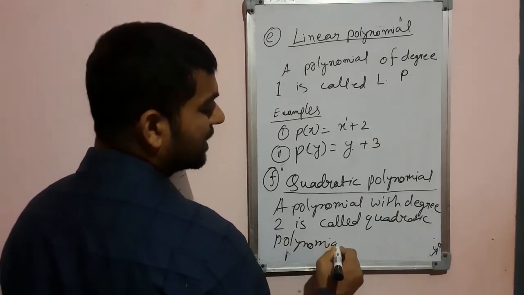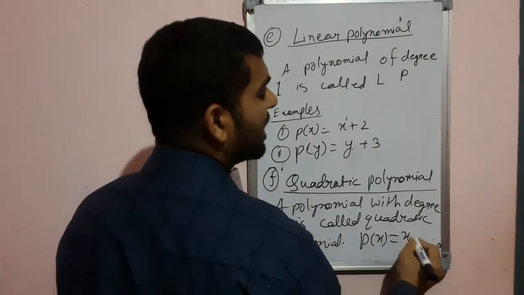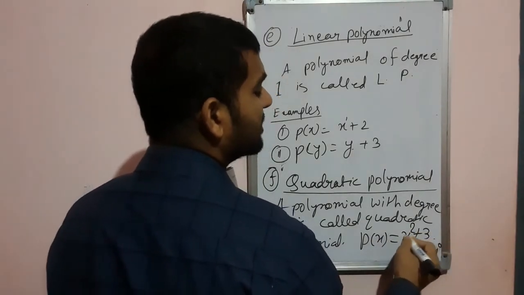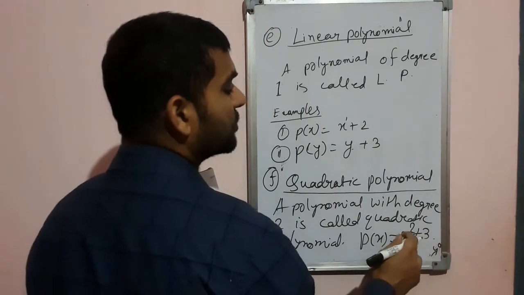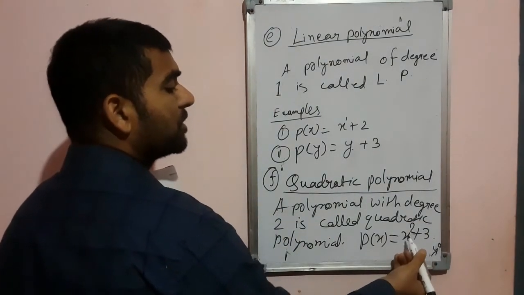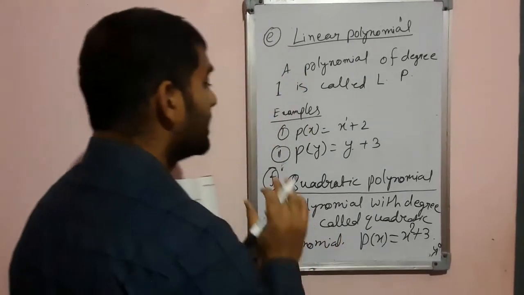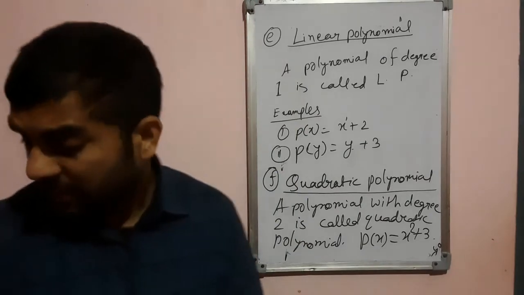You can take any example. One example I will write here, p(x) equal to x square plus 3. See, what is the power here? 2, no? Highest power 2. So this is the degree. So any polynomial with degree 2 is known as a quadratic polynomial.